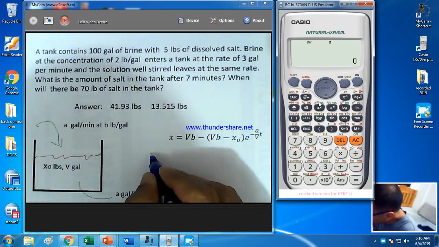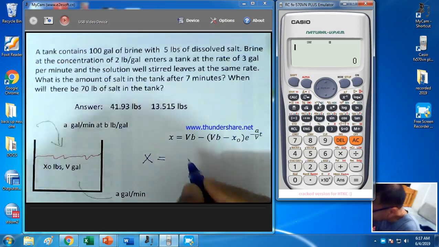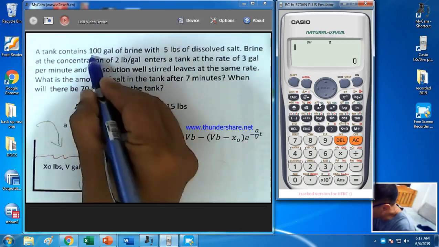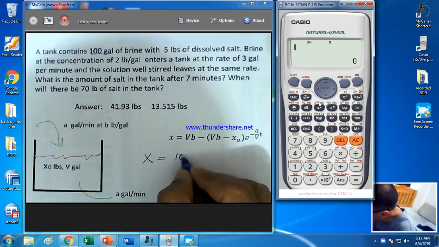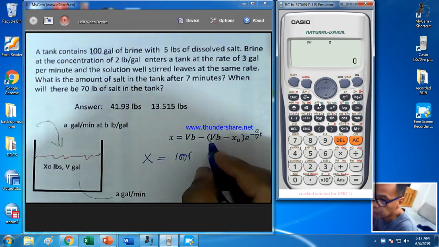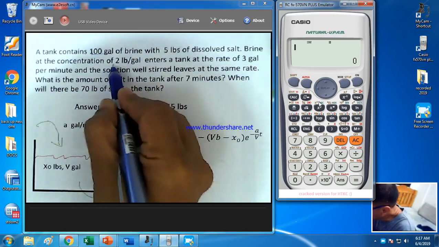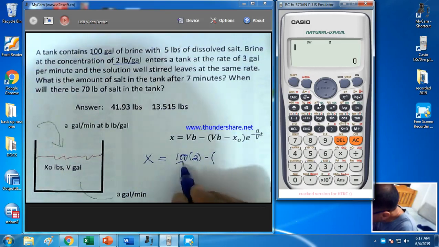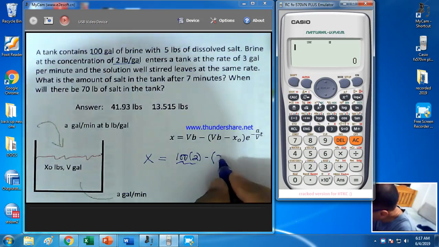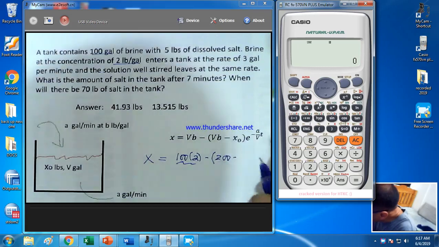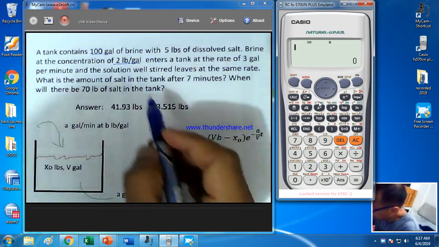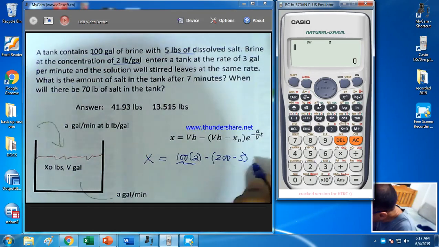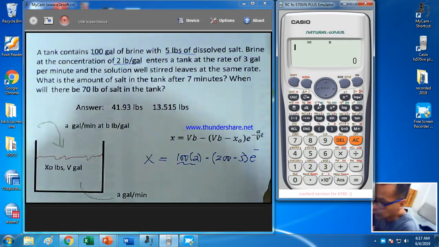So in this case, our mathematical model is, we just multiply the volume. The volume is 100, and then the concentration is 2 pounds per gallon. Multiply this, that is 200, minus the initial amount of salt, that is 5 pounds, then e to the minus a.